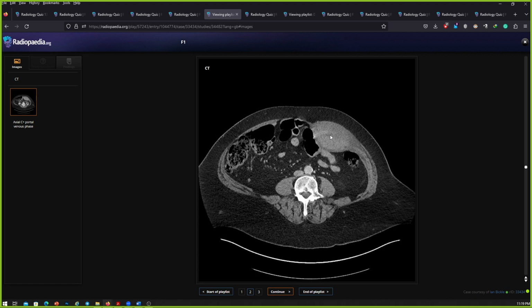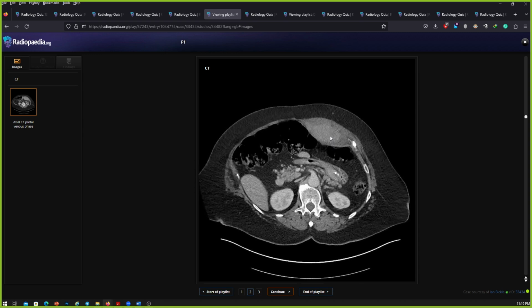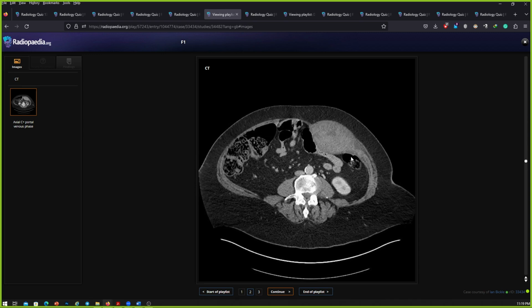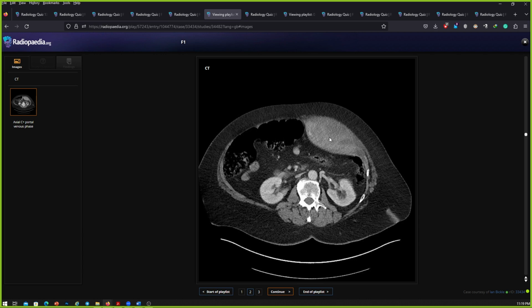So that is the management part of it. In this particular case, you definitely have active extravasation, so this definitely won't be managed conservatively. So this needs intervention, and referral to the interventional team is a must in this particular case.